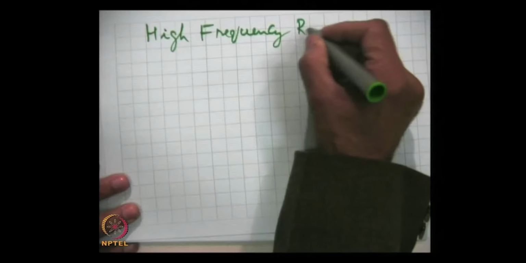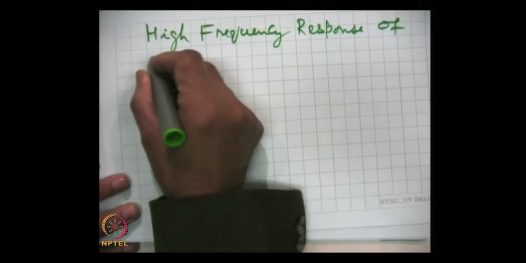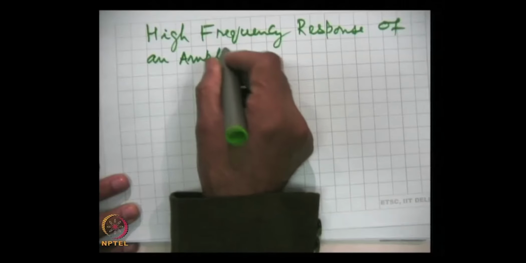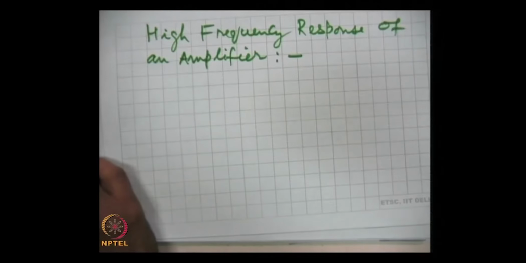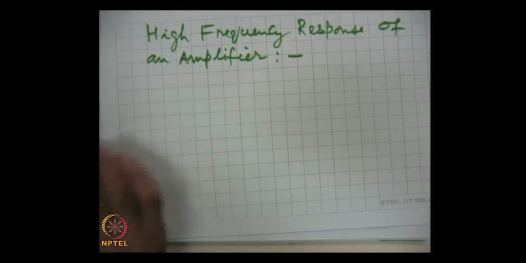High frequency response of an amplifier. By high frequency response, we mean what will happen when the signal frequencies are above the lower cutoff and mid band frequencies, where coupling capacitors and bypass capacitors have no role to play.